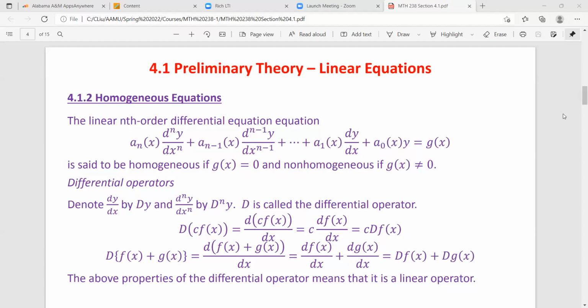For example, for second order differential equations, you will have conditions given at x equal to a and x equal to b. Okay. So that's the main difference.